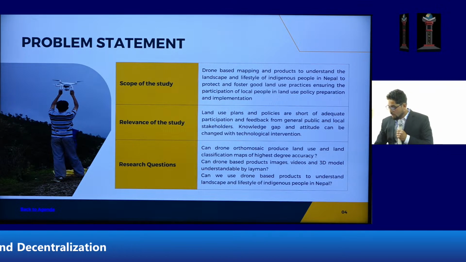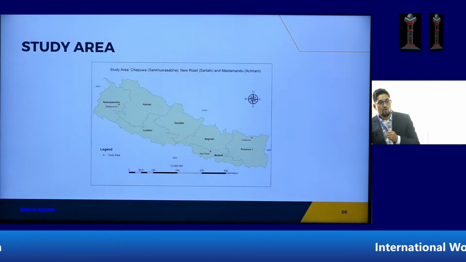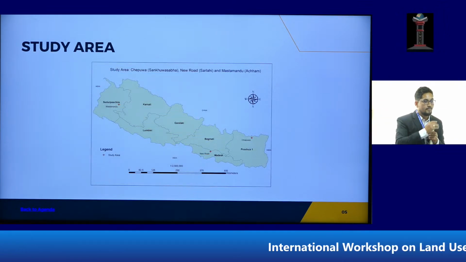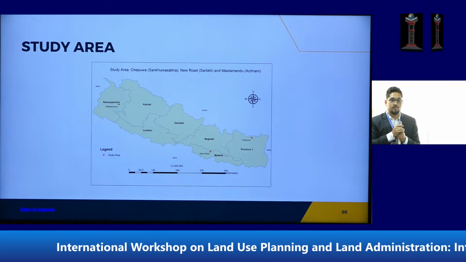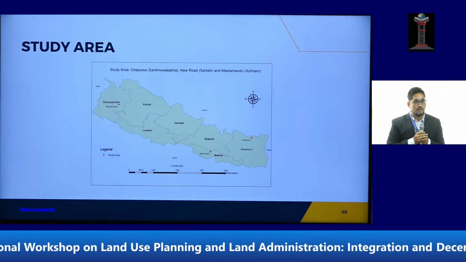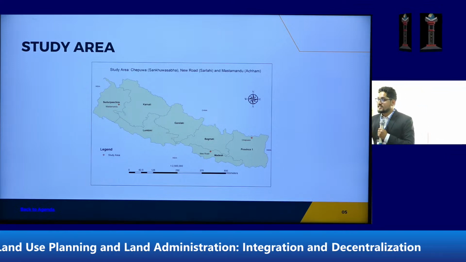If you go and show any grandpa the land images, the land orthomosaics, or images captured by the drone, then he can guide you well. Here is the study area.